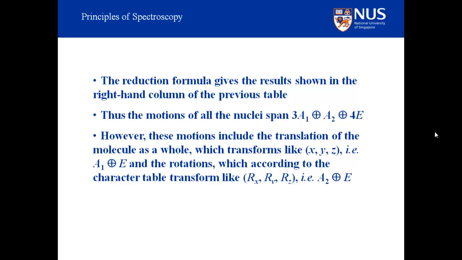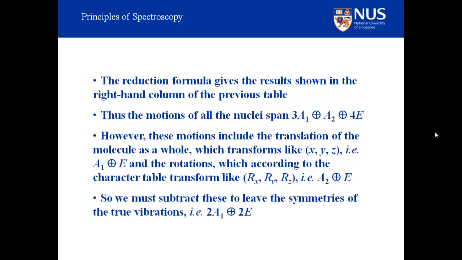However, the translations of the molecule as a whole transform, not surprisingly, as x, y, and z, that is, A1 plus E, and the rotations are given in the character table and transform like Rx, Ry, and Rz, that is, A2 plus E. So we must subtract these to leave the symmetries of the true vibrations.